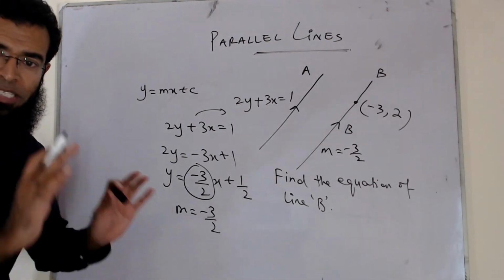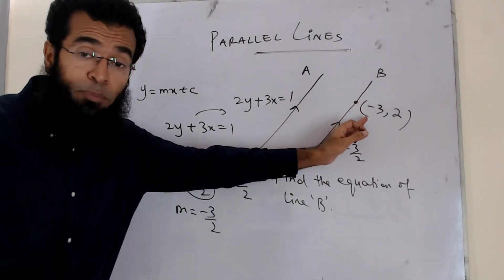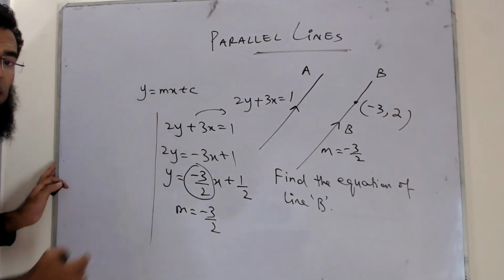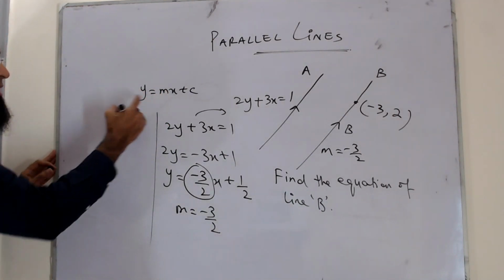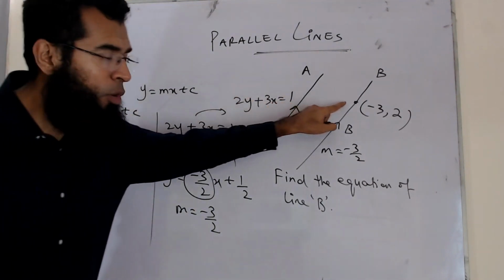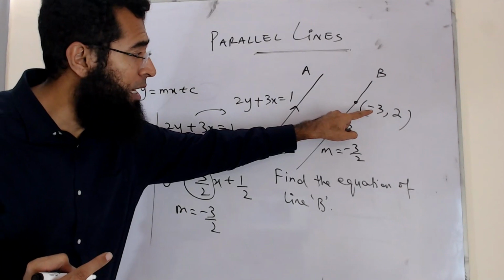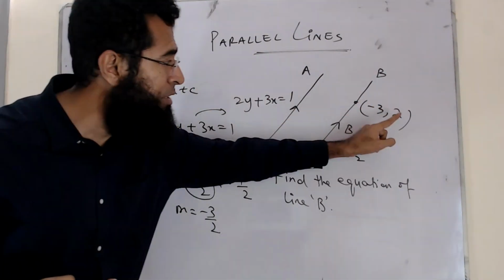I hope this is pretty simple. Now you've got the gradient, you've got a point on the line. So we'll apply the standard concept. What is the standard equation of a straight line? y is equal to mx plus c. We've got a point on the line, so it would fulfill the equation of the line. So we'll plug in minus 3 in x and 2 in y.